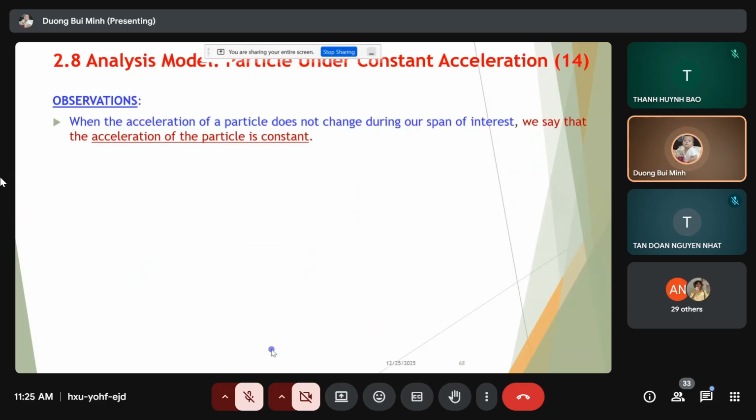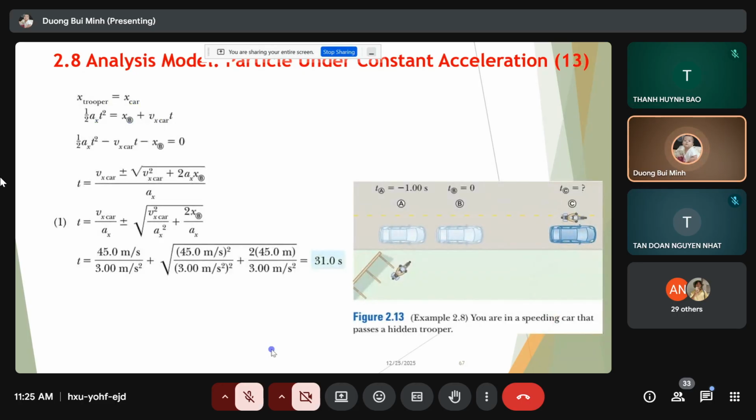Now after some time, the distance of the dropper and the distance of your car will be equal. So we can get this equation, and after some modification, you get t is vx car over ax plus or minus blah blah, because we take this square.